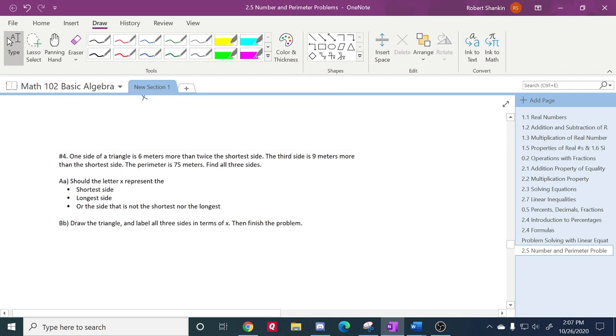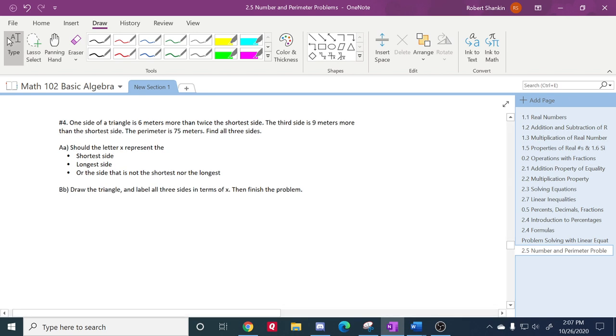One side of a triangle is 6 meters more than twice the shortest side. The third side is 9 meters more than the shortest side. The perimeter is 75 meters. Find all three sides. So answer A, and then do part B, and really finish the problem up. See how you're doing at applying what we just learned.